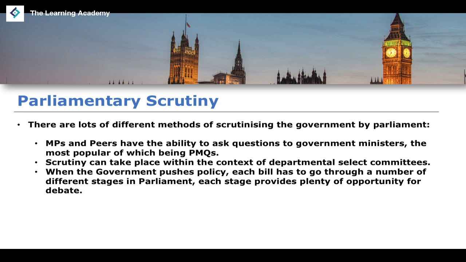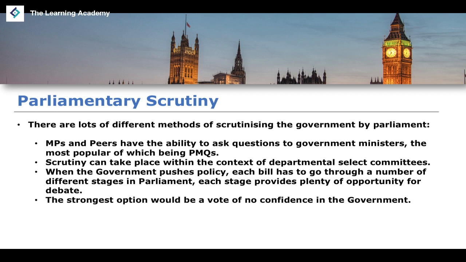And ultimately, at the end of the day, if a piece of legislation wants to receive royal assent from the monarch, it has to go through both Houses of Parliament and both of these different stages. So this is another way in which Parliament has the ability to scrutinise government legislation.